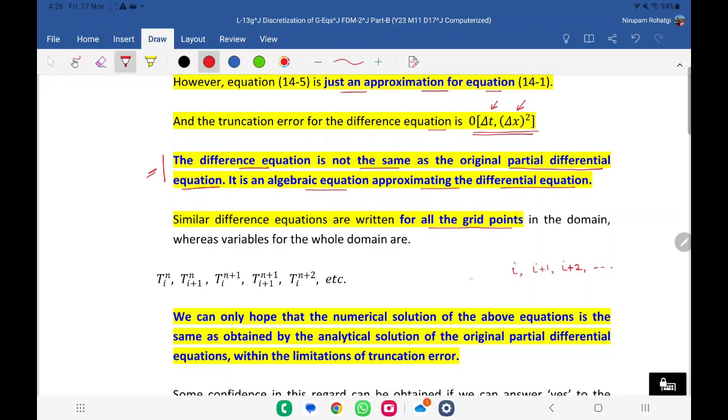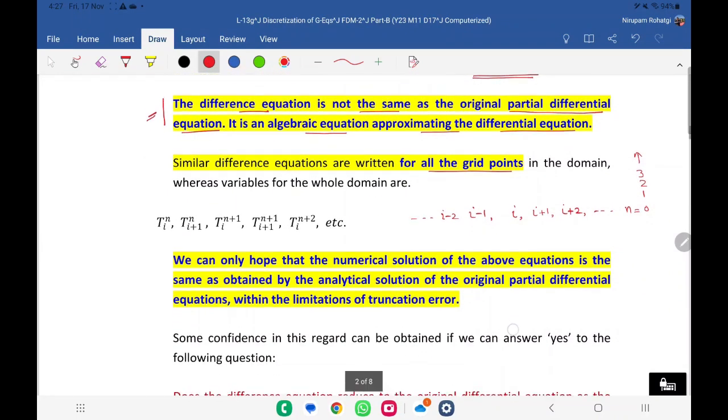And on the other side, you have points less than i, so you'll have i minus 1, i minus 2, and so on. At all these points, you have to write the equation. On the other side, for time, n is equal to 0, 1, 2, 3, and so on. You have to write this equation for all of them.